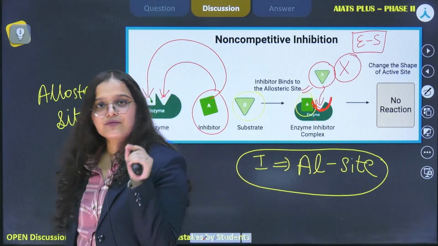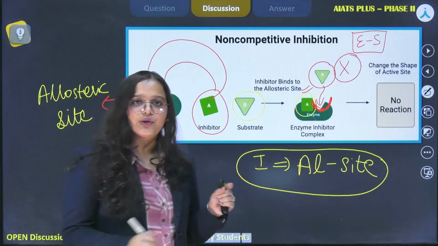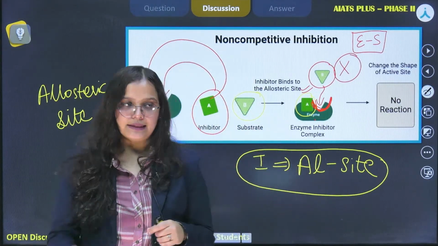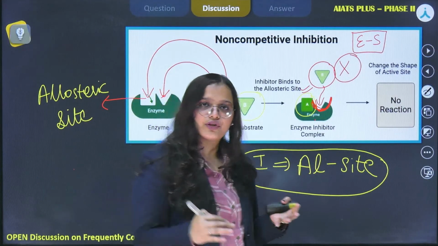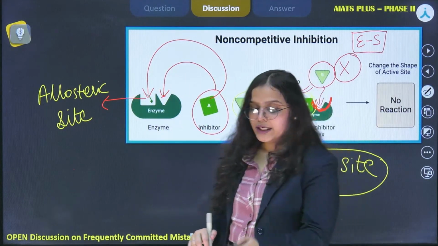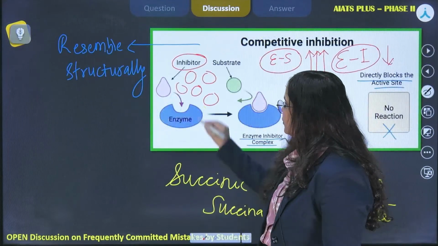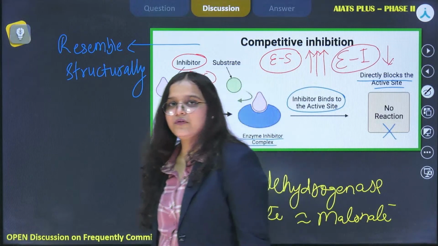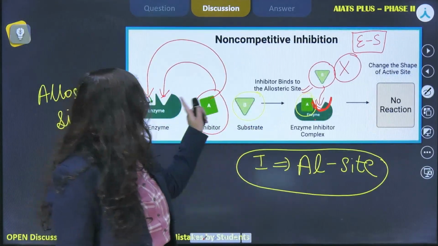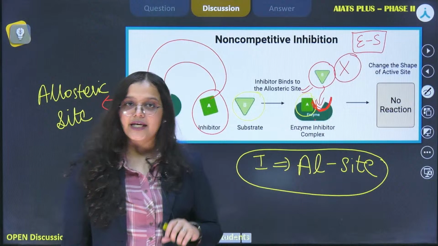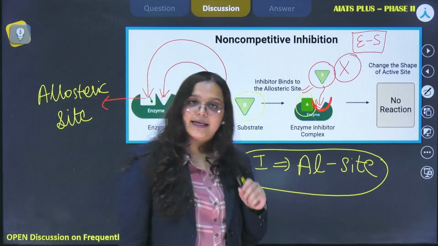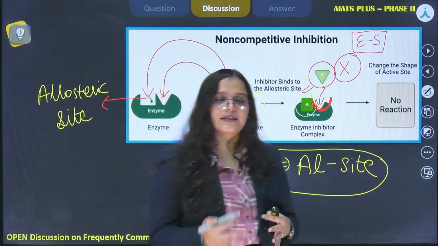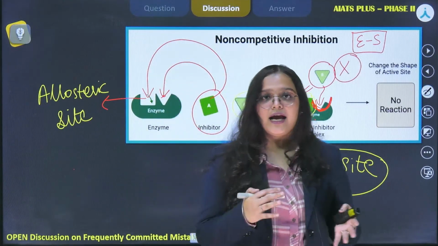So this is one of the important differences between competitive inhibition and non-competitive inhibition: in competitive inhibition the inhibitor was binding to the active site directly, whereas in non-competitive inhibition the inhibitor is not binding to the active site, instead it is binding to the allosteric site, which is inducing conformational changes that lead to a change in shape of the active site.